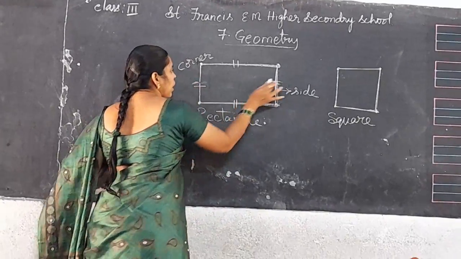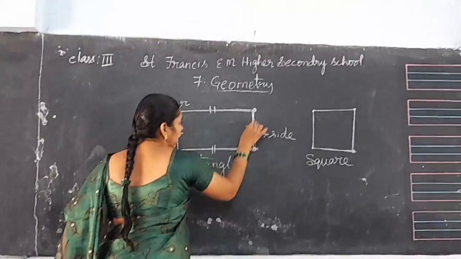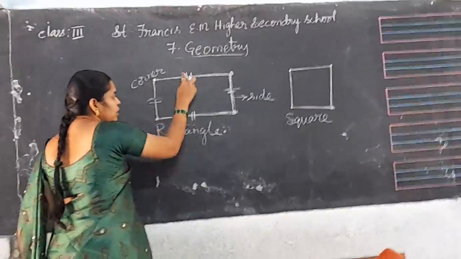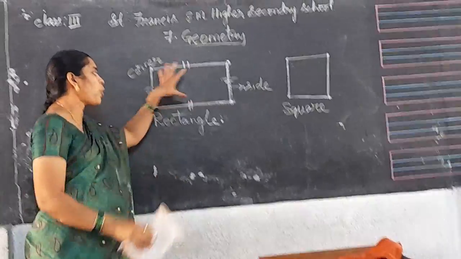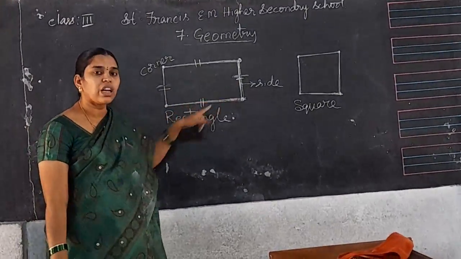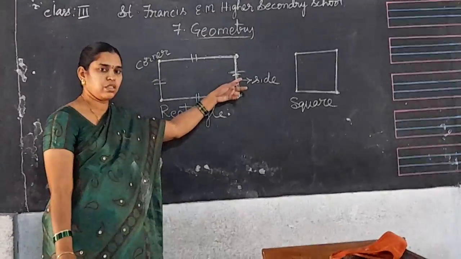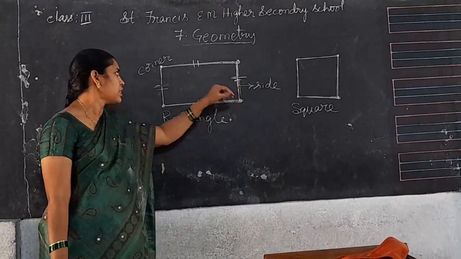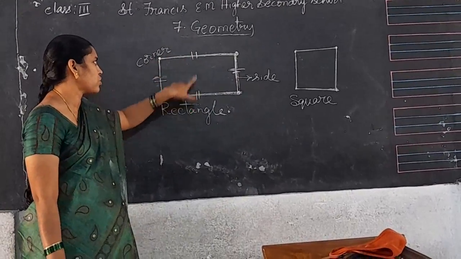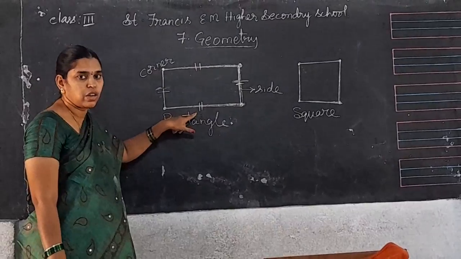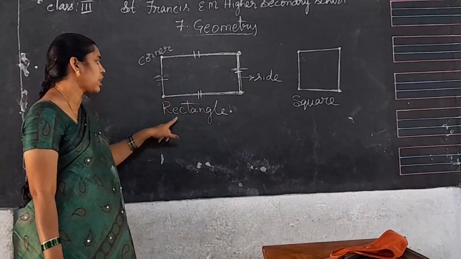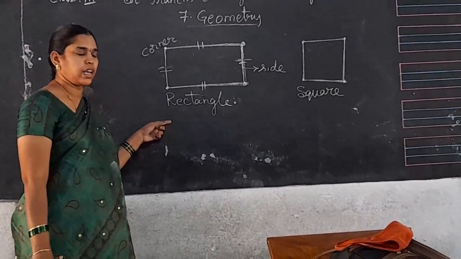These two are the same length, and in the same way these two are the same length. So opposite sides are equal in a rectangle. This is opposite to this, so these two sides are equal. In the same way, this is opposite to this, so these two sides are equal. Opposite sides are equal, then that figure is called a rectangle.